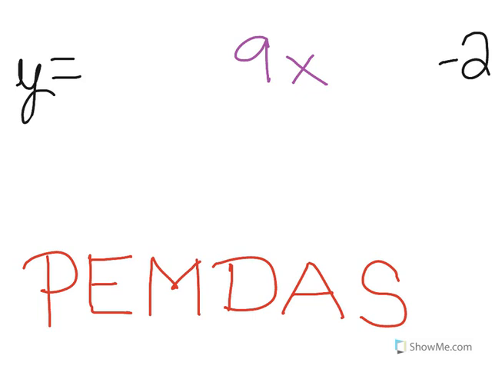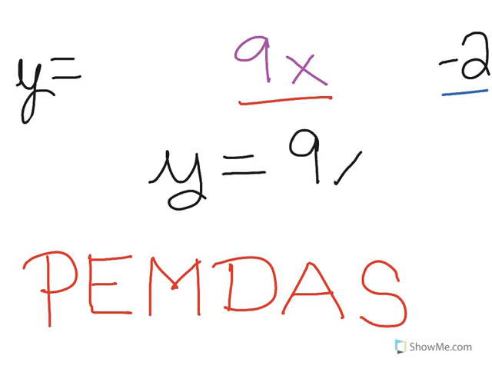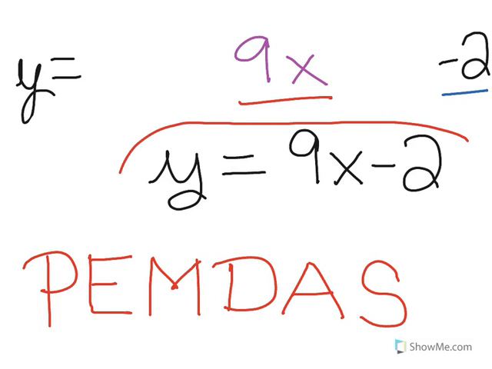Since they are unlike terms, which means that I have an x and I also have a number by itself, I cannot combine those terms. So my final equation is y equals 9x minus 2. And that is the simplified version of my original equation.